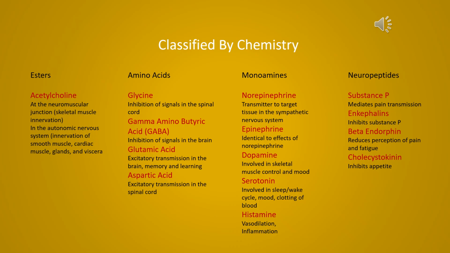Okay, let's go back up to the top there to norepinephrine. In the autonomic nervous system, this is the stimulatory neurotransmitter used in the sympathetic nervous system. You should know what the sympathetic response of anything is. The sympathetic response is the same response that you would get from the hormone epinephrine.